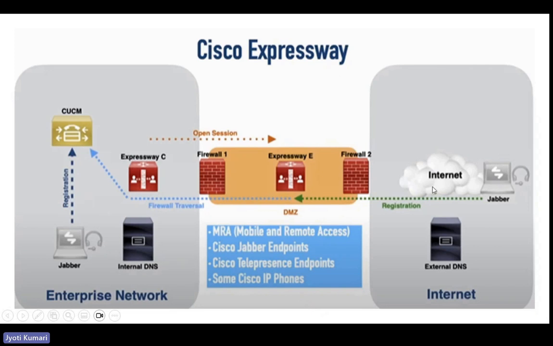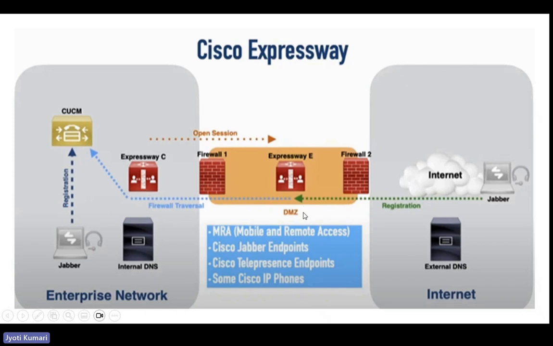It will not allow. But it can reach the Expressway E, then Expressway E is responsible to authenticate, to create a session with Expressway C, which is inside the enterprise, and then bypass the firewall by firewall traversal. That's what it is called. Or if there's a NAT configured, then NAT traversal is performed.